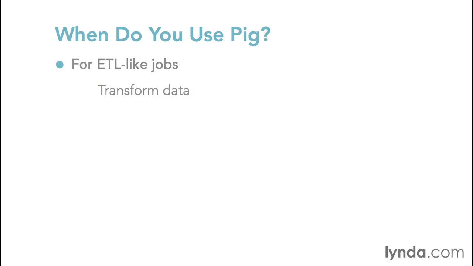So examples are transform data. For example, you might have a set of text data coming in, a big blob of text, and you might want to split it into words, so our sort of classic word count. You'll see, I think, in our example, that the implementation of word count is actually more elegant and simpler using Pig than using Hive.